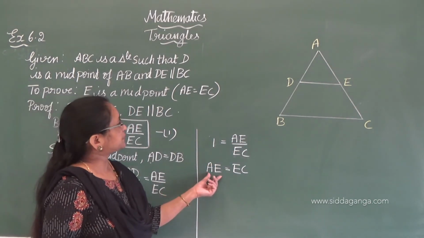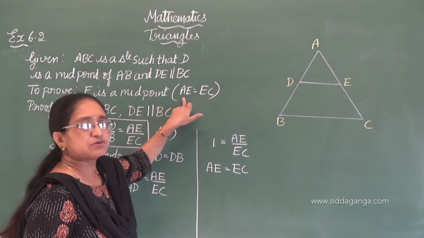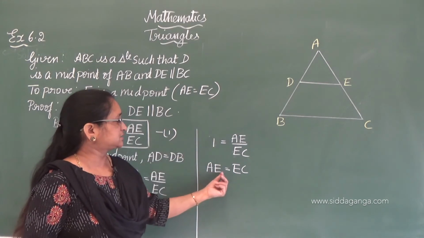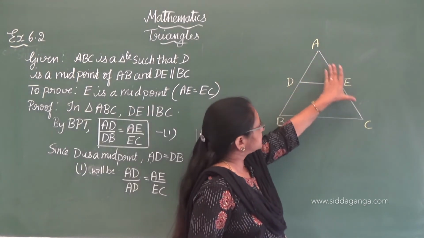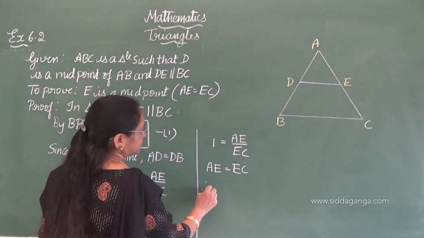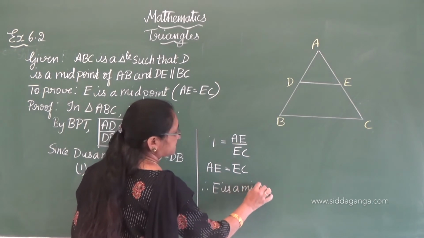So what does this mean? I had told you at the beginning, to prove E is a midpoint we have to prove that AE is equal to EC. That is nothing but E is a midpoint. Therefore E is a midpoint.